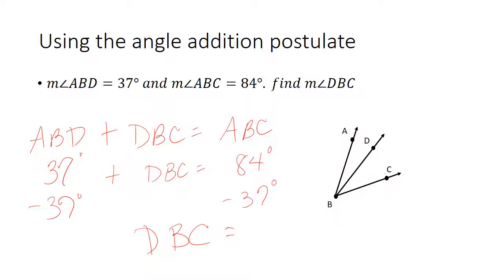So the measure of angle DBC should be 47 degrees. You can't always look at a picture and say, oh yeah, that's an acute angle, my numbers should be right, because you're going to be going by the numbers rather than necessarily by the pictures, especially if I'm the one drawing them, since I'm a great artist.